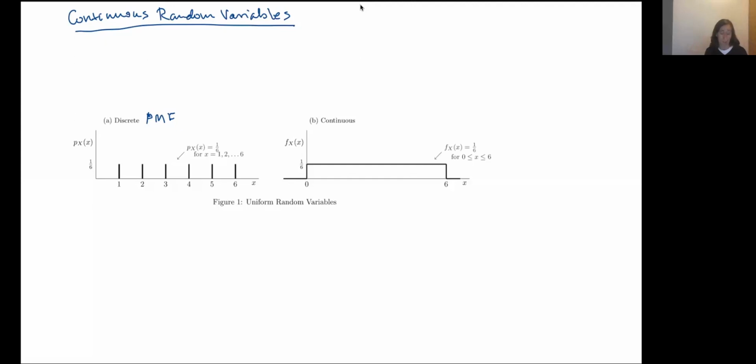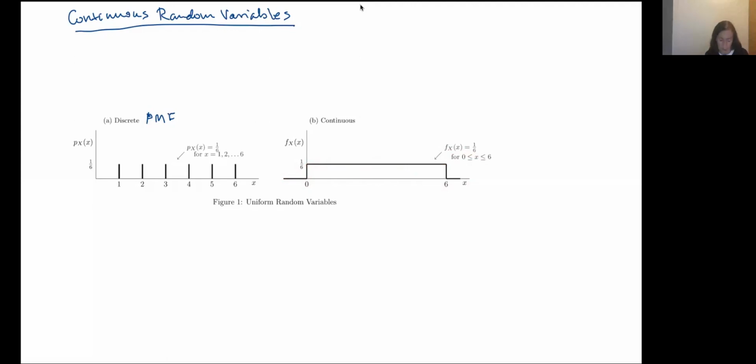Okay, all right. So how do we do that? I've got a graph here that you might think is capturing this idea of uniform probability. I've got something that's equal to 1/6 over the values 0 to 6. Here it's flat and it's 0 everywhere else. And this is not exactly a PMF.